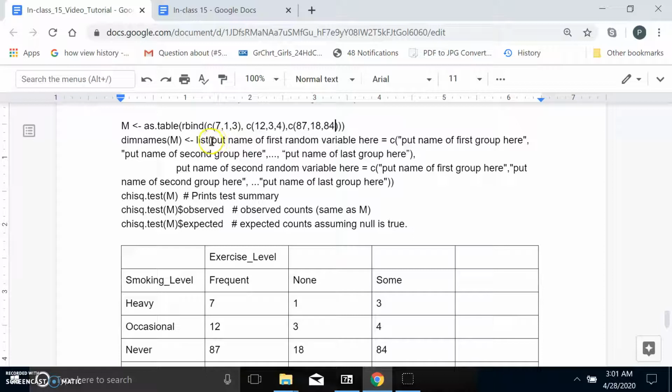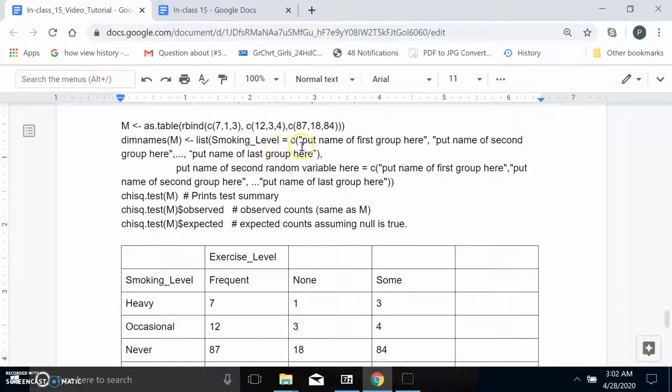Then let's put name of first random variable here. So our first random variable is smoking level. Put it here. Okay, and then put name of first group.